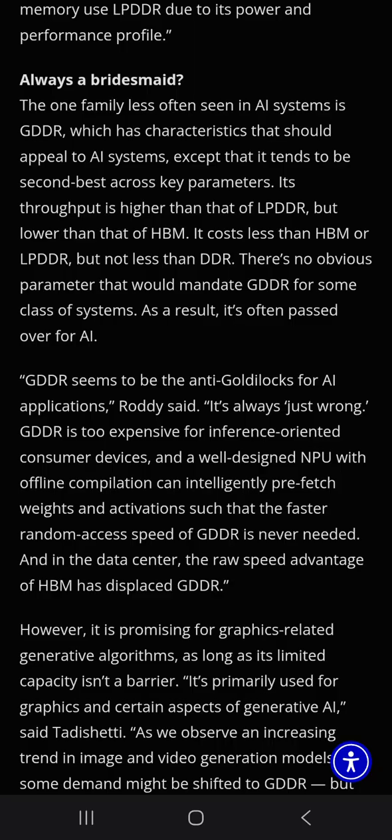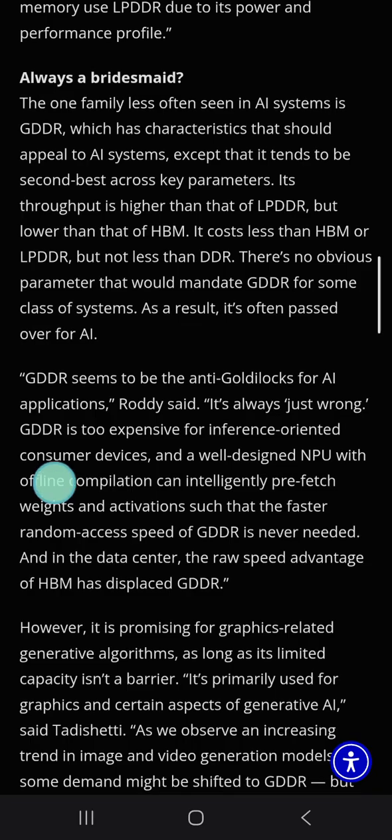GDDR seems to be anti-Goldilocks for AI applications, Roddy said. It's always just wrong. GDDR is too expensive for inference-oriented consumer devices, and well-designed NPUs with offline compilation can intelligently prefetch weights and activations such that the faster random access speed of GDDR is never needed.